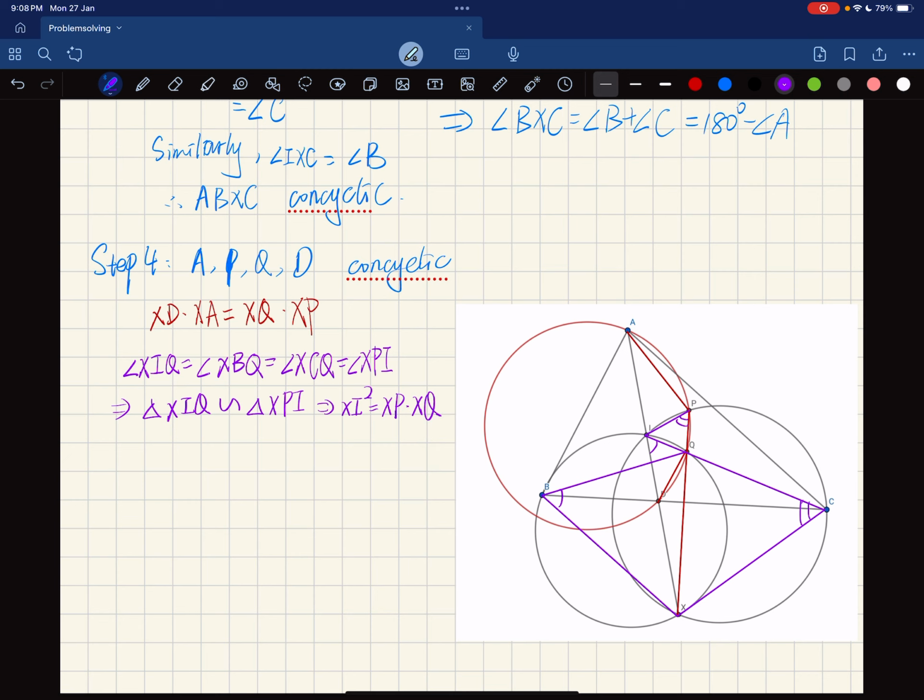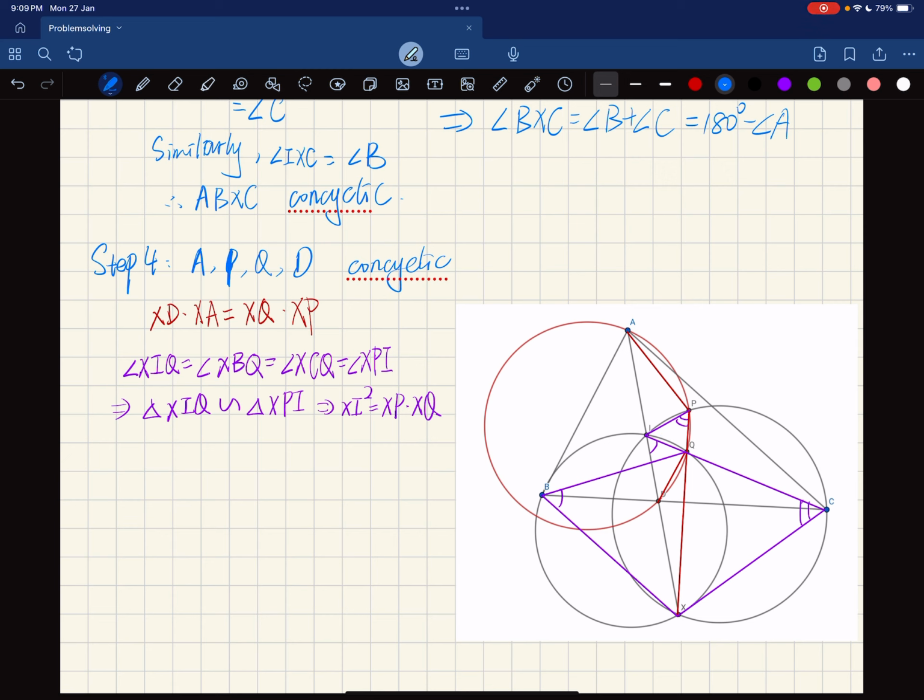So since we have XP times XQ equals XI squared, then we have to show that XD times XA equals XI squared, right? So how can we do that? And I have said there is a model. You can prove it by yourself.